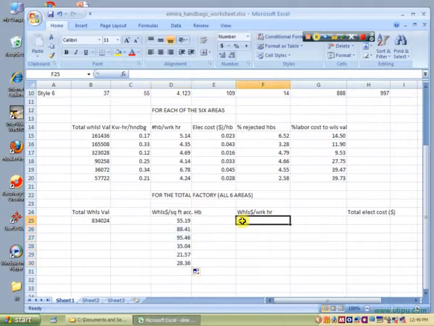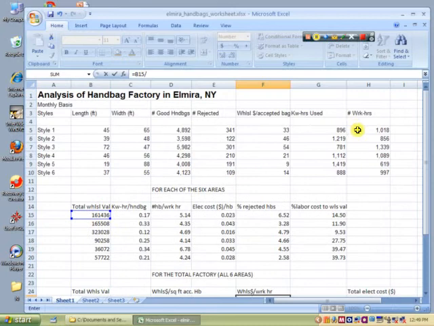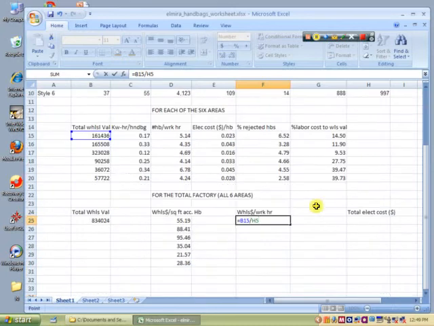Now, of course we'll add that up for the whole factory when we finish everything. Now for the wholesale dollars per worker hour, here's your wholesale dollars or value here per number of worker hours, that would be here.